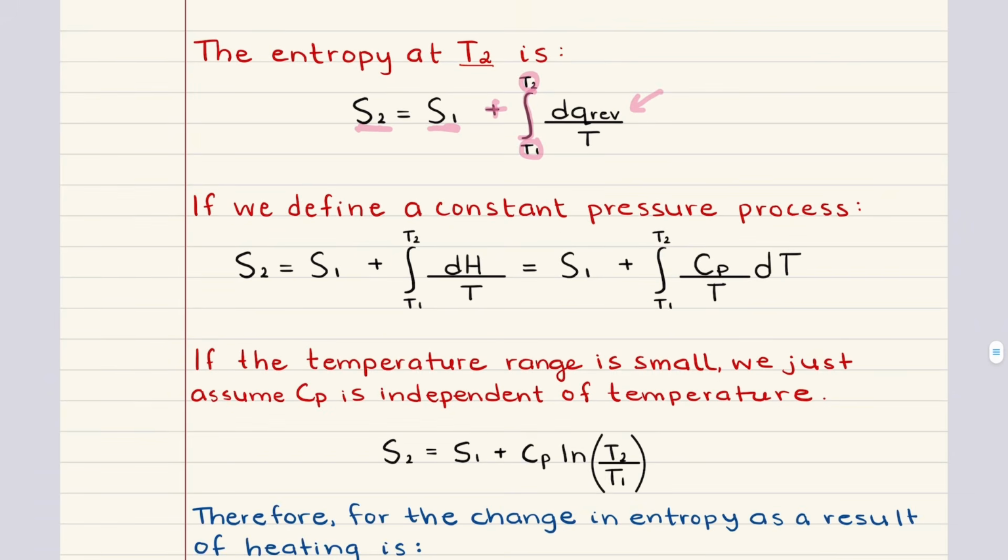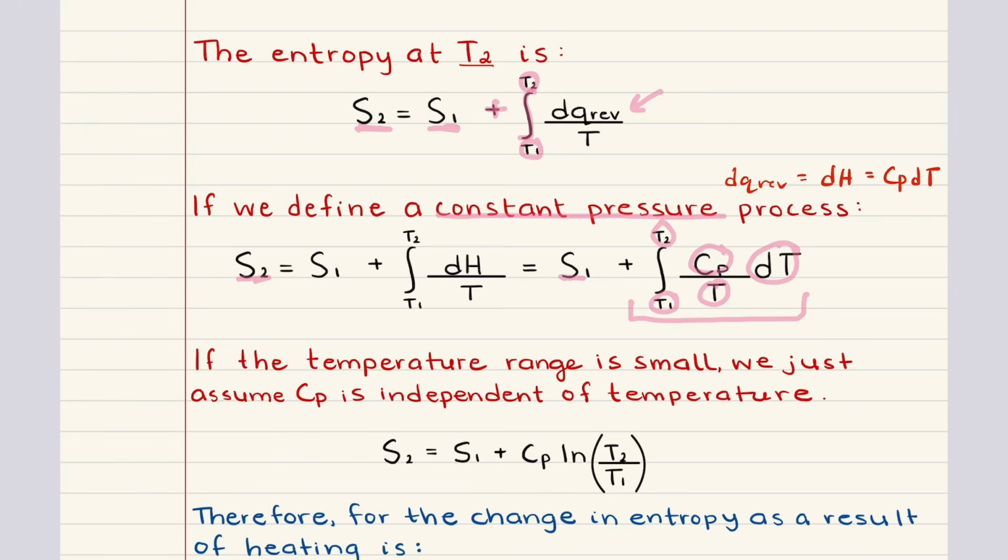Now, if we specify that this is a constant pressure process, then the heat added reversibly is going to be equal to the change in enthalpy, dH. And at constant pressure, that can also be written as Cp dT, where Cp is the heat capacity at constant pressure. So the integral becomes S2 equals S1 plus the integral from T1 to T2 of Cp divided by T dT.